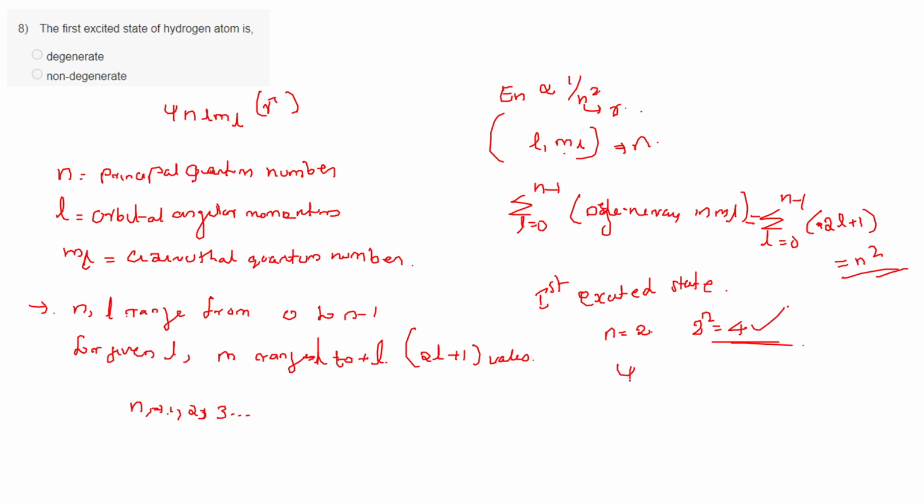What will the psi values be then? They will be psi 2 0 0, psi 2 1 minus 1, psi 2 1 0 and psi 2 1 1, in n, l, m values. So these 4 states are possible for the first excited state of the hydrogen atom. So it is a degenerate state. Okay.